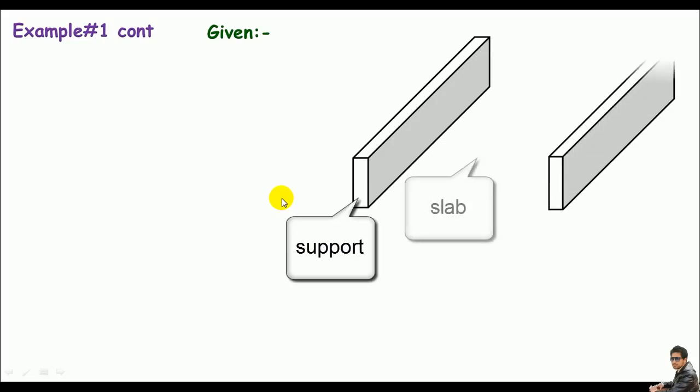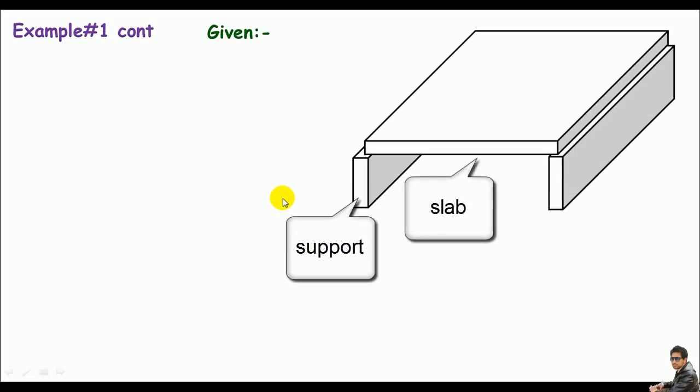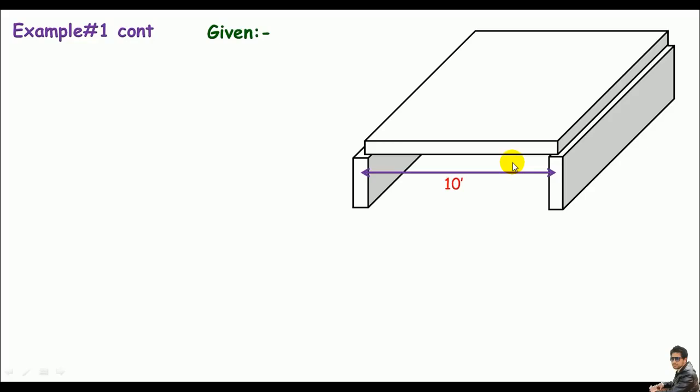And this is a continuation of the example. Of course, we have some given data. Say these are the supports and the slab. The span is 10 feet. And remember, the design of a one-way slab is the same as the design of a rectangular beam. So I'll design the slab only for a 1 foot strip, right?